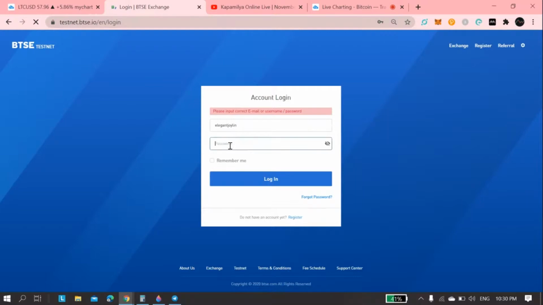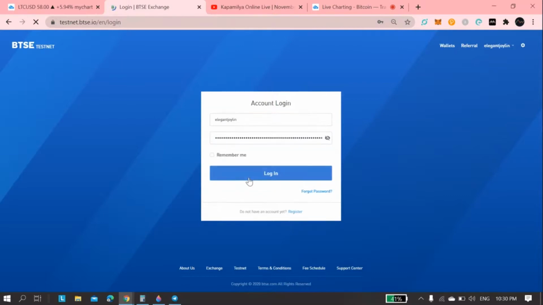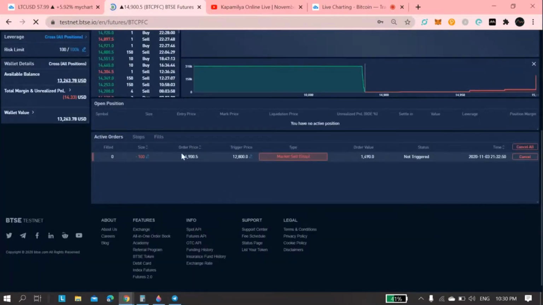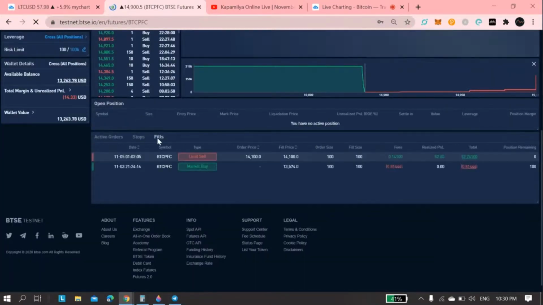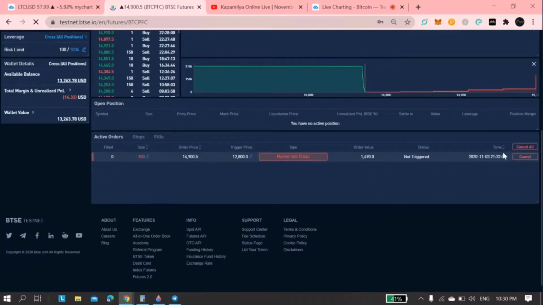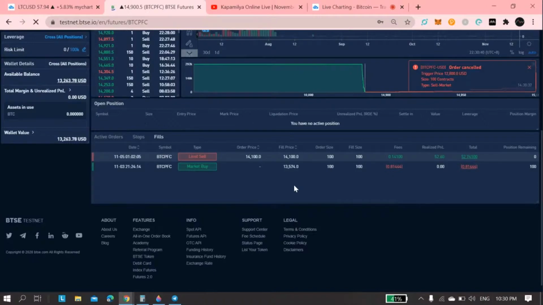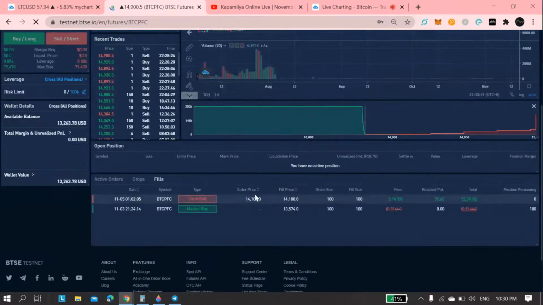Oh, wrong password. Oh, it's already filled. I should have had a 52 area profit. What's my TP here? This is just a testnet. 14,100. Yeah, I remember because this is the next Renko chart around the 14,200 area.